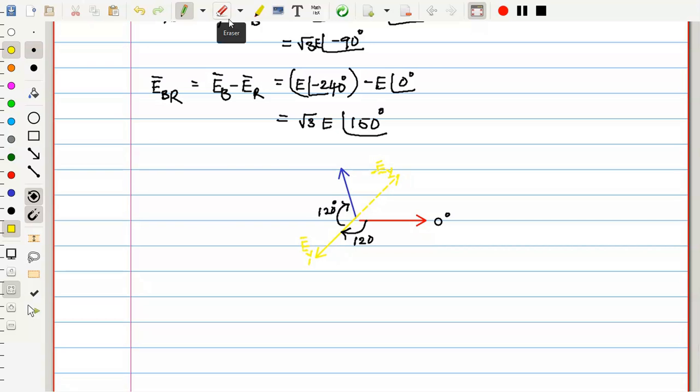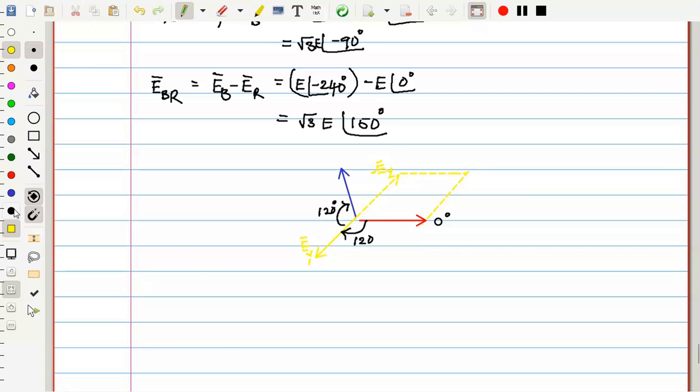Is this clear? So now ER is here, EY is here. Phasor sum of these is obtained by drawing the line in parallel to the ER and minus EY.